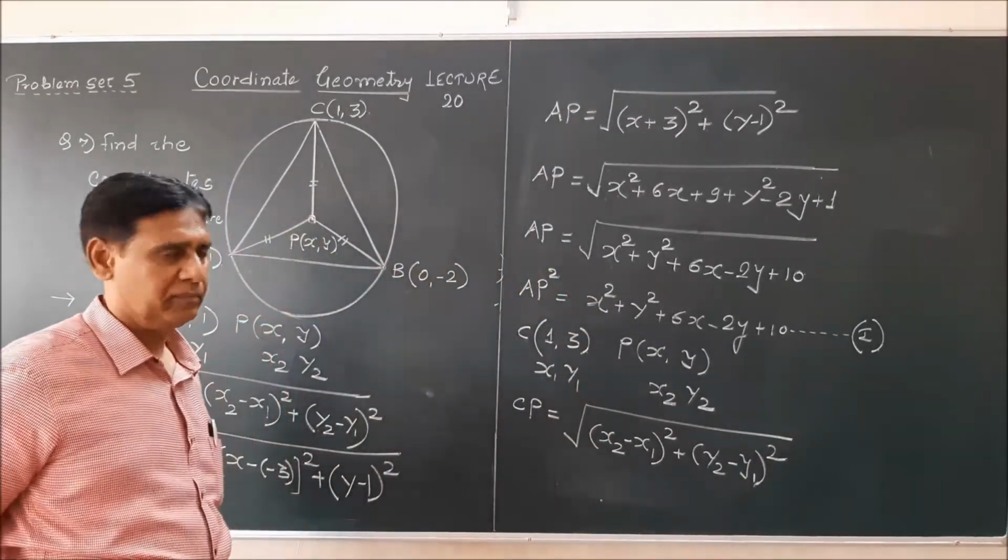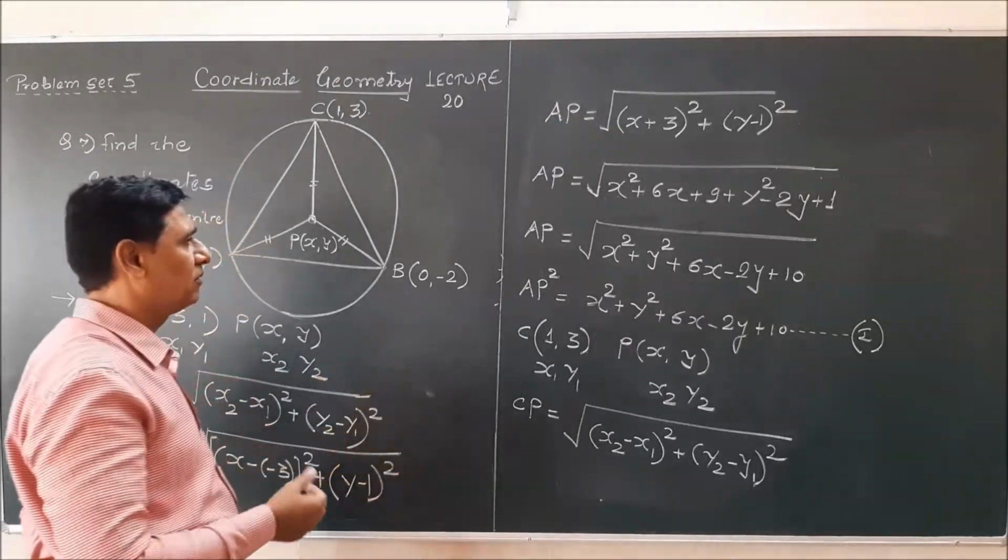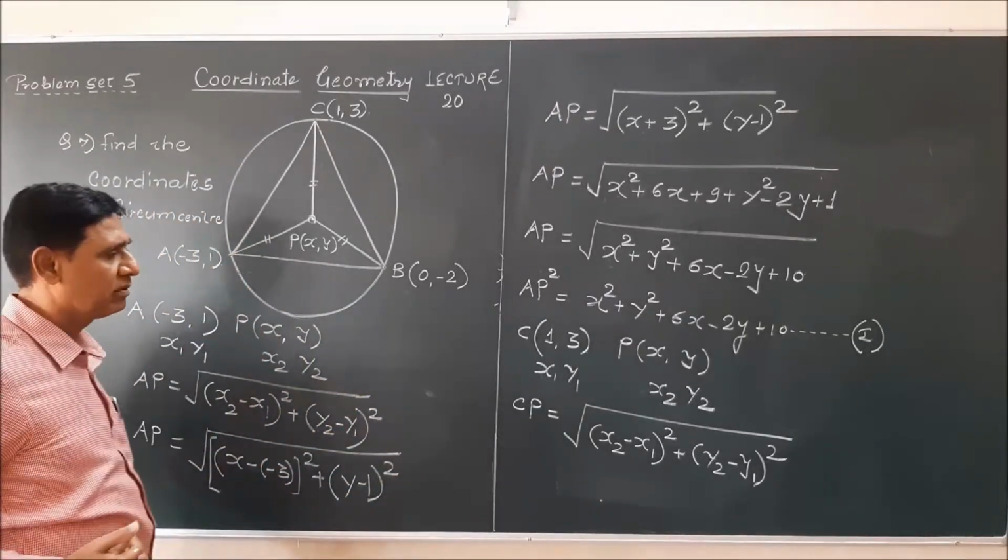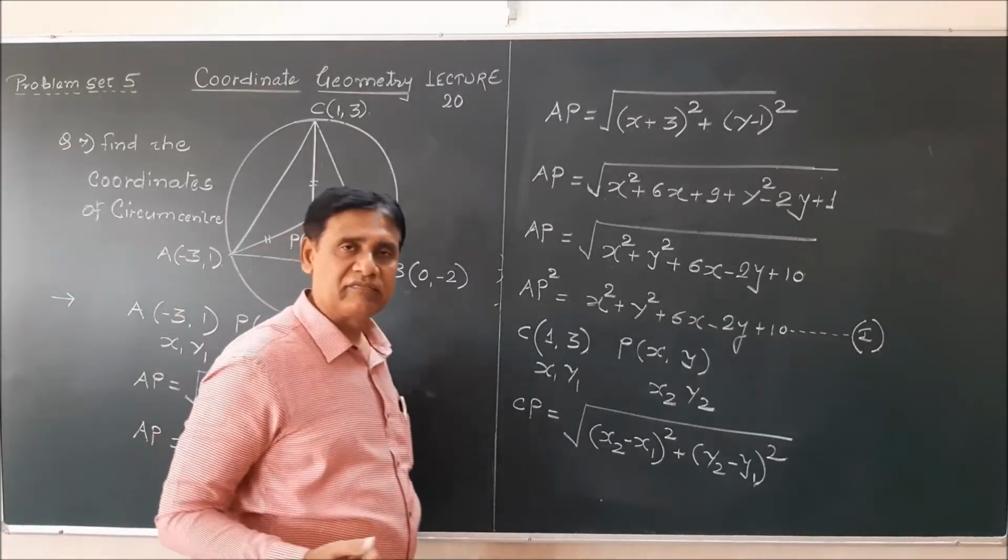I am doing it the same way. First I found AP, then I squared it to get AP square. The value of AP square is in front of you.